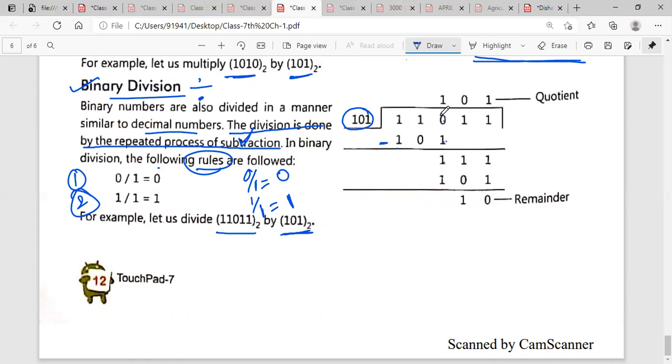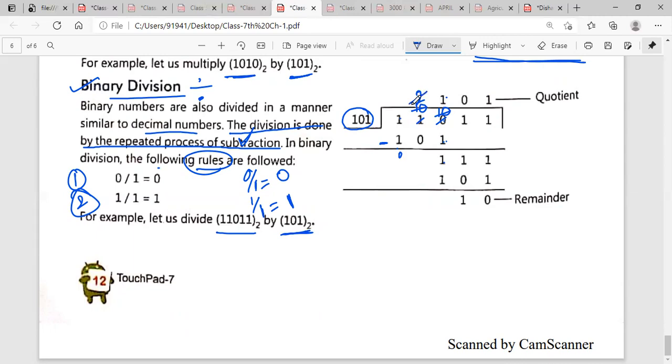Okay, in this case we will take a borrow. Here we will follow the process of binary subtraction. Here will also come like this. Okay, we already know 1 minus 1 is 0. Okay, and we know the meaning of 10 is 2.